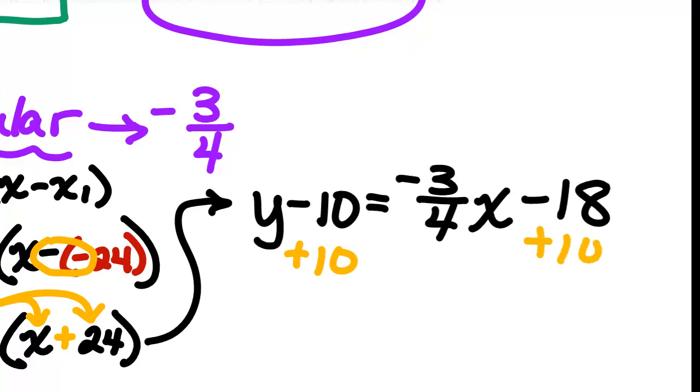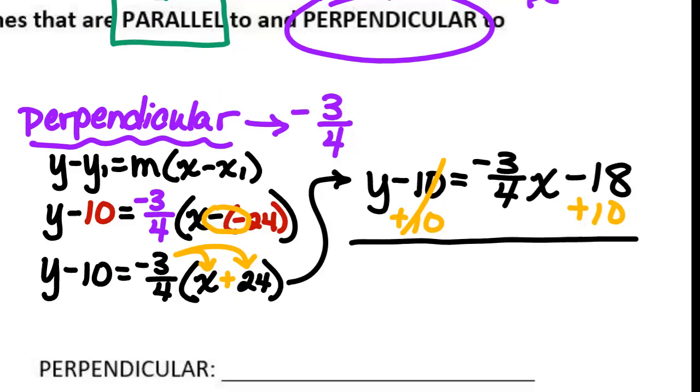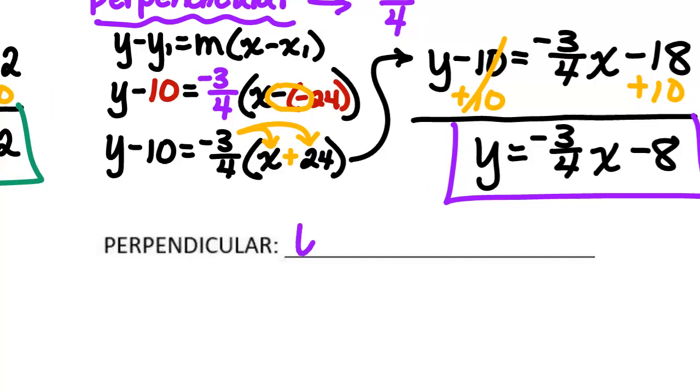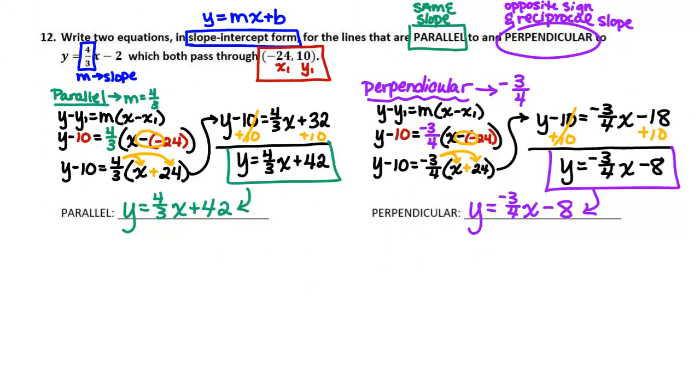Add 10 to both sides. I have y equals negative 3/4 x minus 8. So there's my perpendicular line. Y equals negative 3/4 x minus 8.